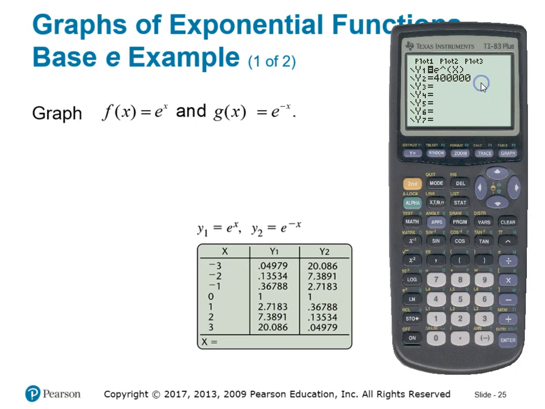And then on this one, I'm going to go e to the -x. So I'm going to have a second, and then e, and then a negative x, and close that parentheses.